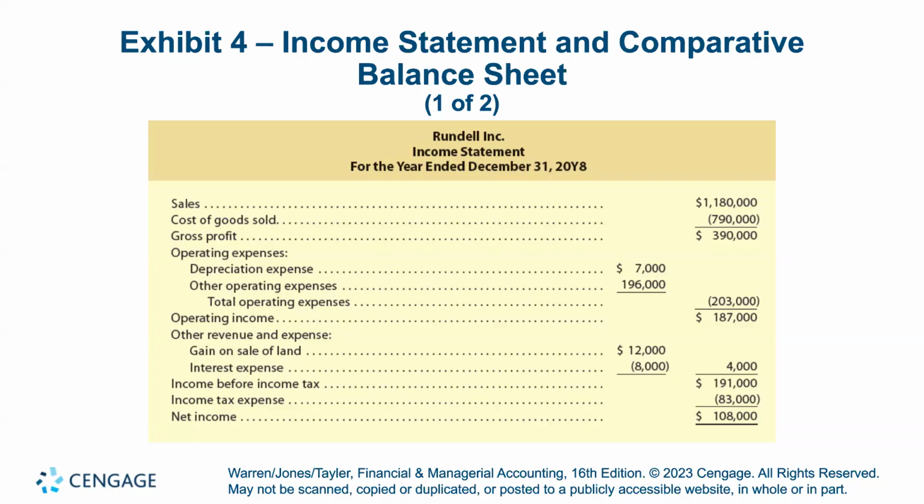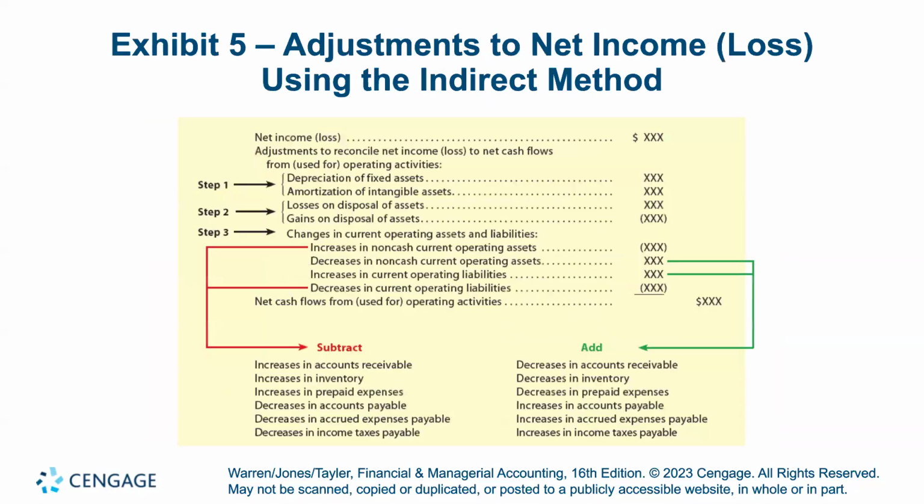And then finally, step 3, which is I'm going to make adjustments for changes in the current operating assets and liabilities. The what? I'm going to subtract increases in non-cash current operating assets.